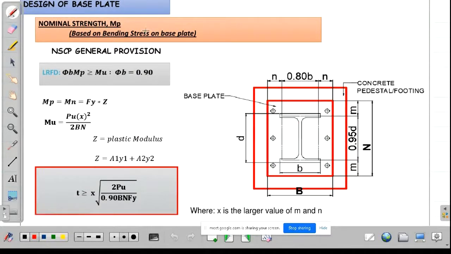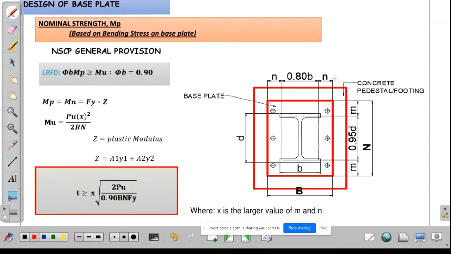Okay, so we move on to the next, yung limit natin that is based on our bending strength. So yung una, that is based on the bearing pressure on support. This time, this is based on the bending stress on the base plate. So we have here drawing or diagram of our base plate with the pedestal tapos with the column.